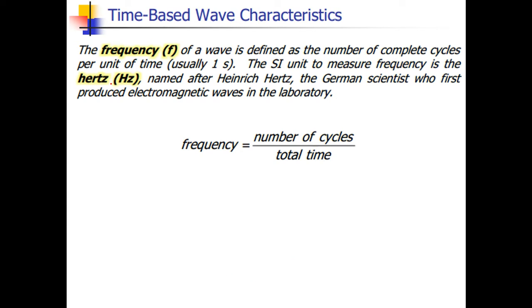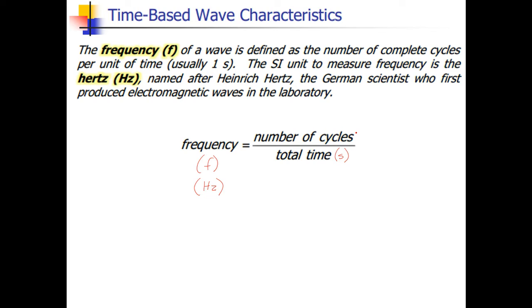Frequency, shown with a lowercase f, is defined as the number of complete cycles per unit of time, and normally we go based on 1 second. So time is going to be in seconds, and the number of cycles is just a number. Frequency is measured in hertz, so number of cycles per second would be hertz.